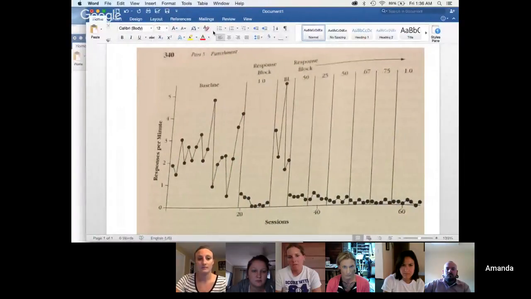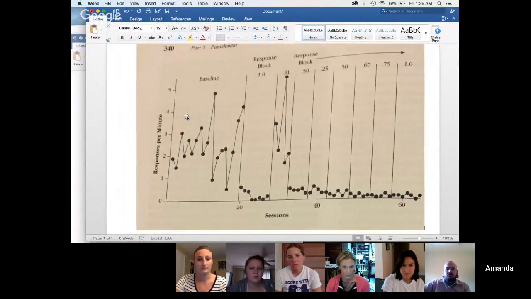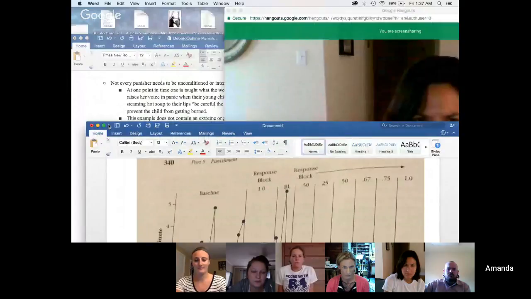In this example, the baseline shows that the mouthing instances were increased, while when using response blocking, the instances were decreased significantly.